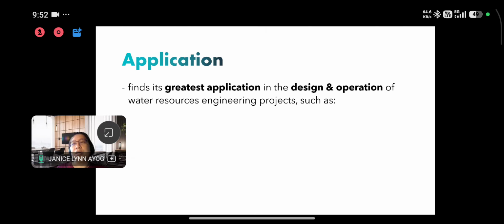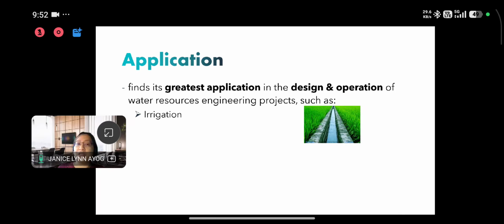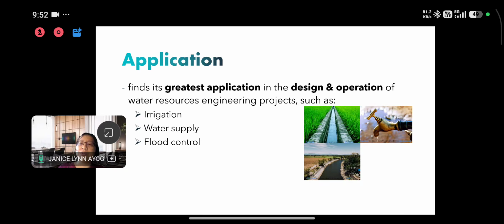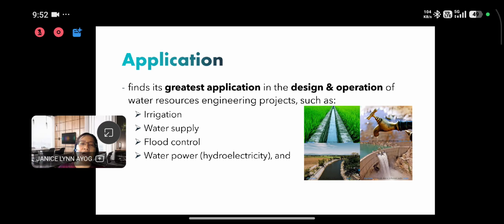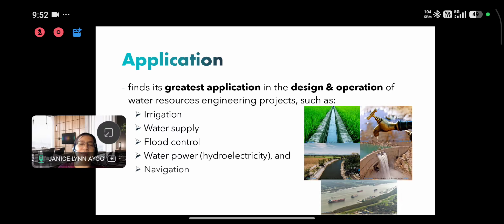So hydrology or engineering hydrology finds its greatest application in the design and operation of water resources engineering projects. Examples are irrigation, water supply, flood control, hydroelectricity, and also navigation. Those are some of the examples.